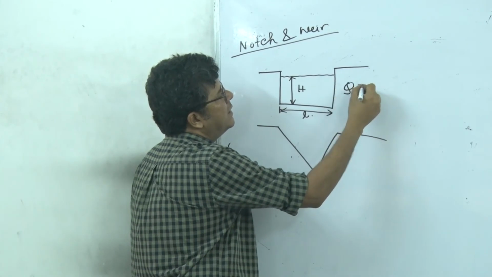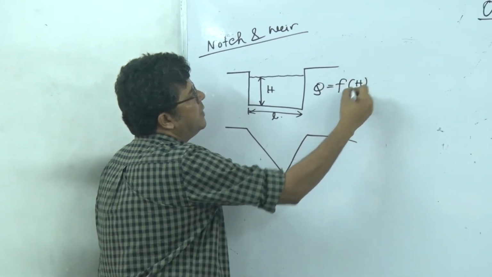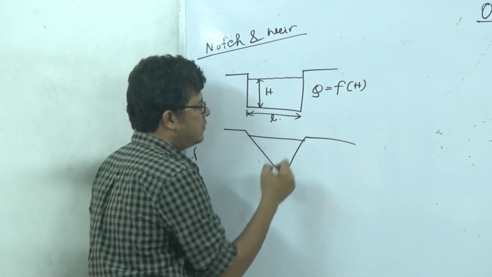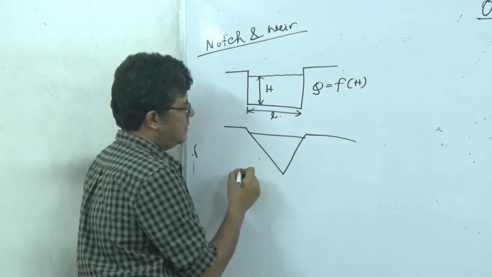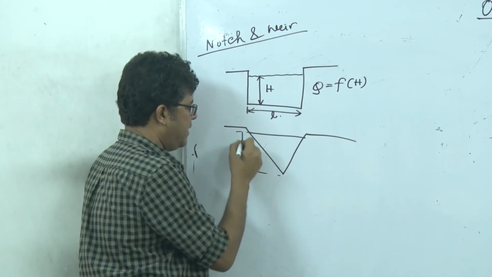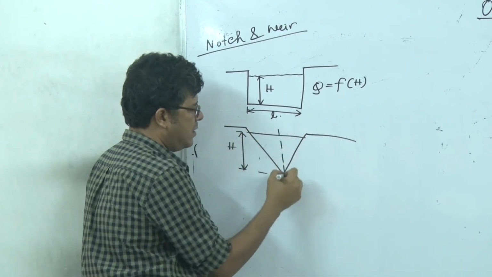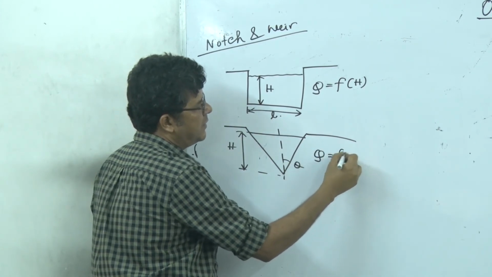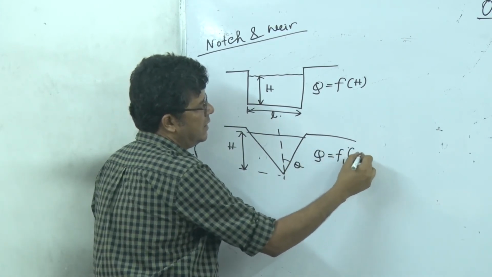And the flow rate will be a function of the height here. In the triangular notch, this height again h, half of the angle is theta. So here also we will find some different function, say f1 of h.